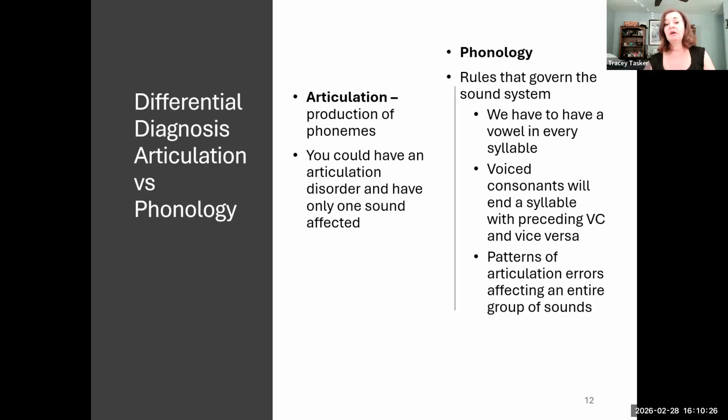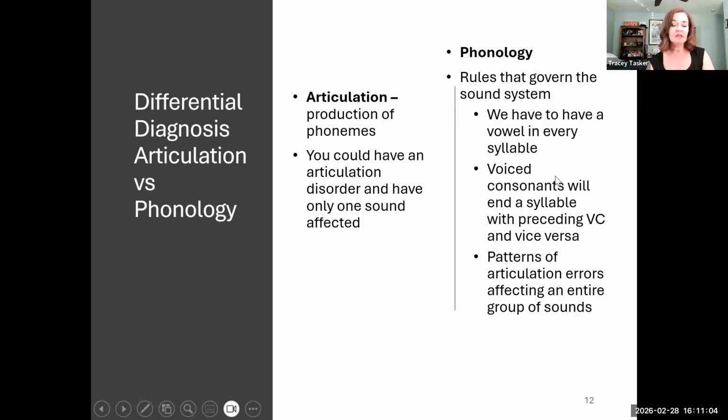The most common example is kids who can't produce the R sound in its many variations. It's one sound that they may have trouble with, but as we know, there are many different ways of producing R, whether it's prevocalic or all those vocalic R examples that we saw. Phonology is rule-based, okay? So in English, for example, we have to have a vowel in every syllable, except for those exceptions with the syllabic consonants.